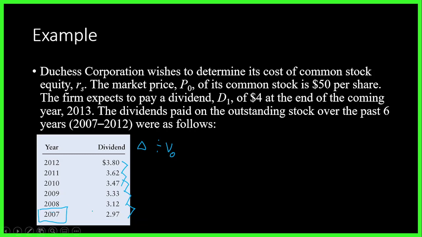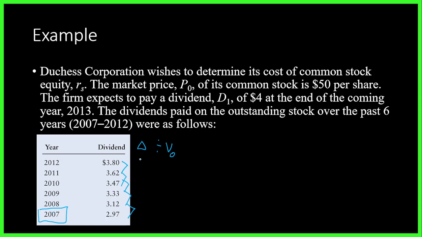Okay, so let me just get my calculator. Let's check if we will be able to arrive at 5% or 0.05. So, you have 2.97 to 3.12. Ay, dito muna tayo sa taas pala. 3.8 na yan. 3.8 divided by 3.62.